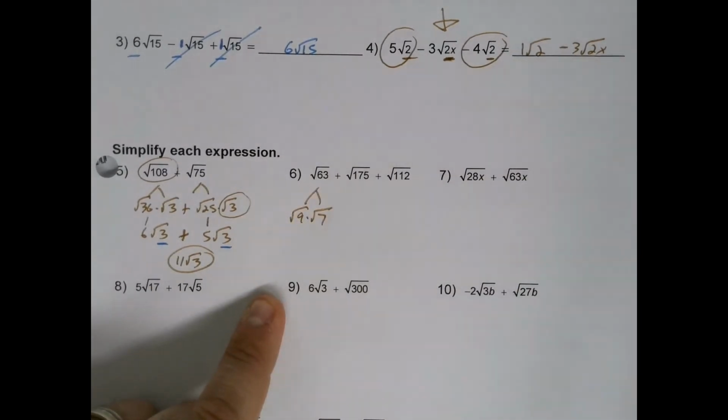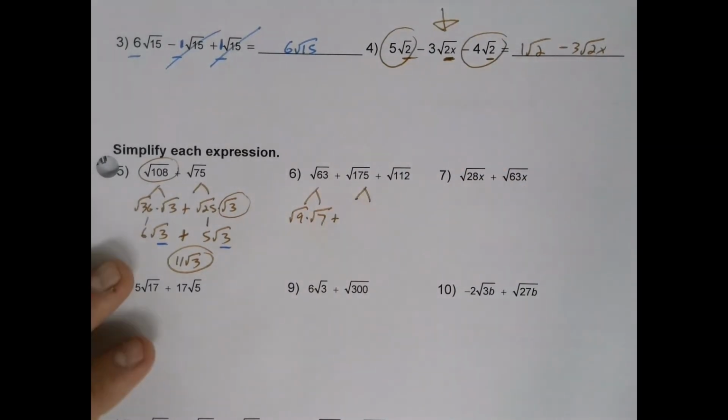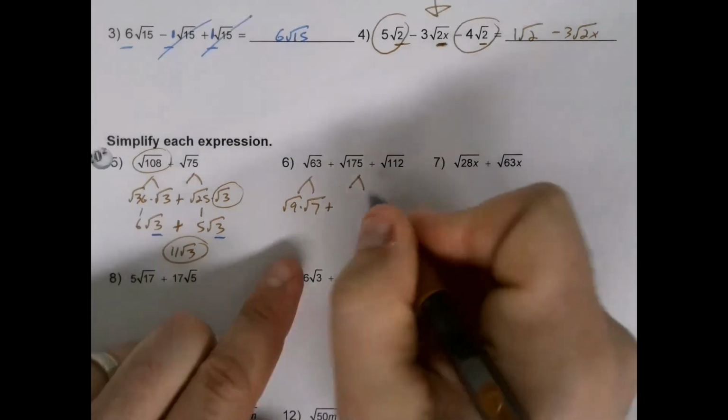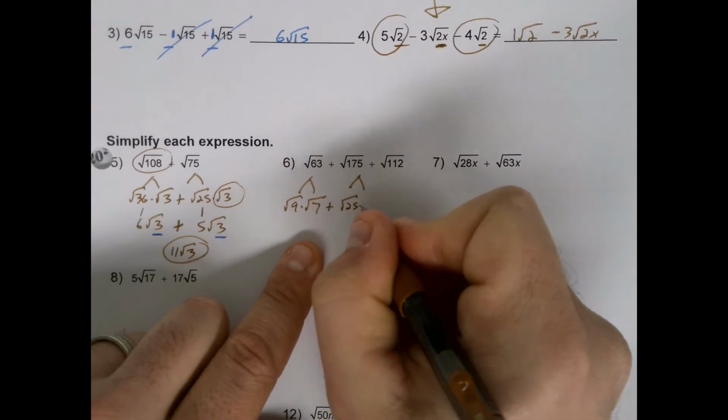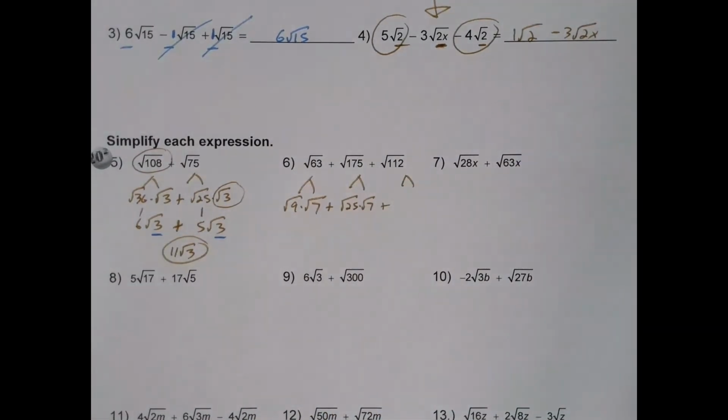Okay, what perfect square comes out of 175? It ends in a 5, so 25 probably comes out. So 25 and 7. Very good. And then let's look at that last one, 112.